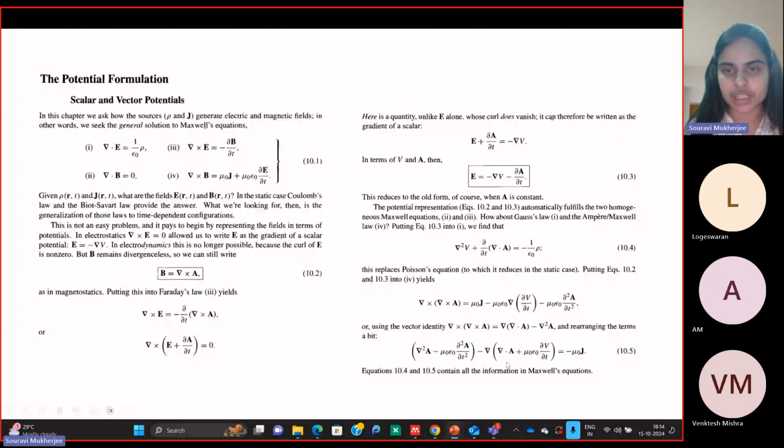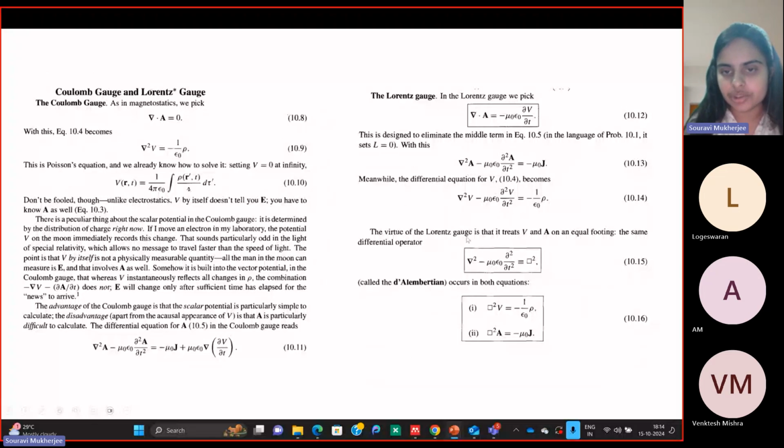So if we give this condition, we get an expression for A which looks like this, and this is how the expression for V looks like. So you can now see that the virtue of the Lorentz gauge is that here V and A are on equal footing. Both of them have a similar form, right? You have this wave equation form on one side, and so these are analogous equations.